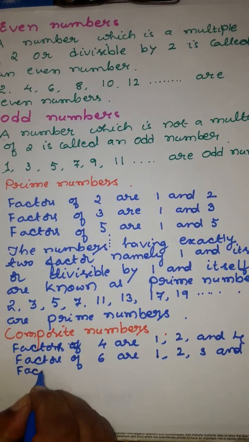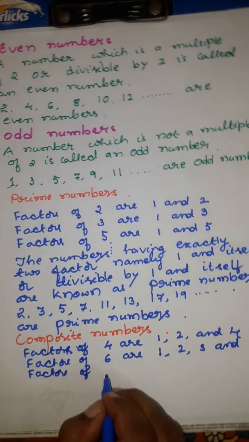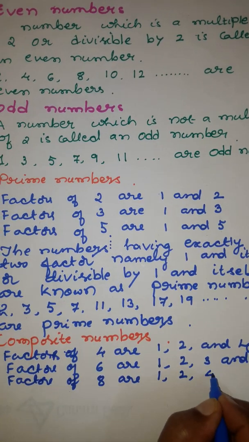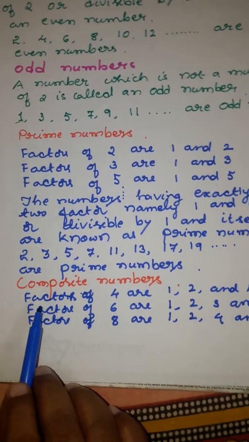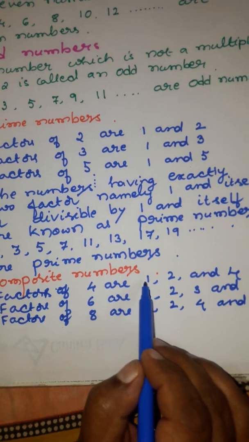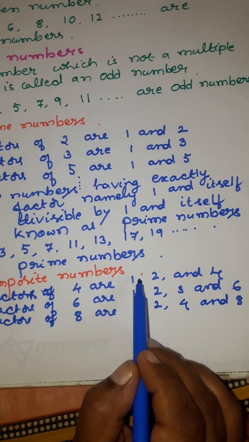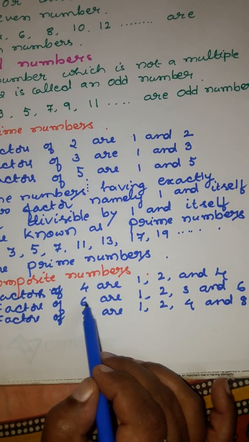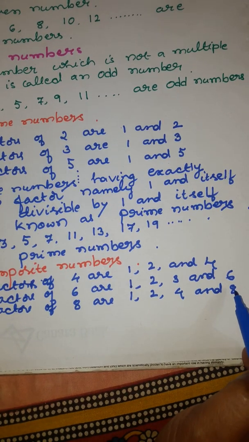Factors of 8 are 1, 2, 4 and 8. Now you observe keenly the factors of 4, 6 and 8. So they have factors more than 2. That means, see here, 4 has 3 factors, 6 has 4 factors, 8 has 4 factors.